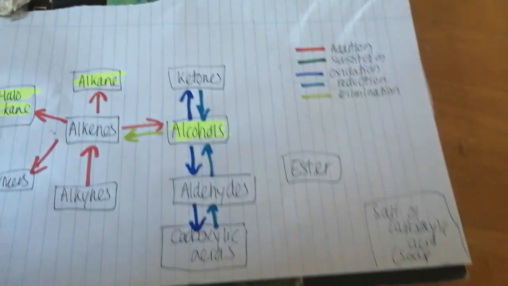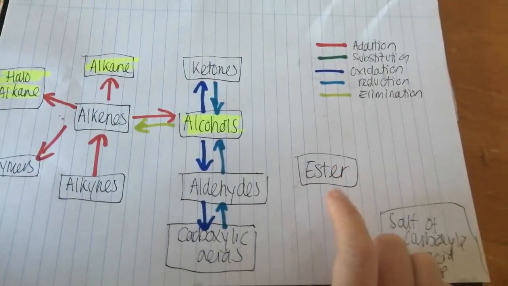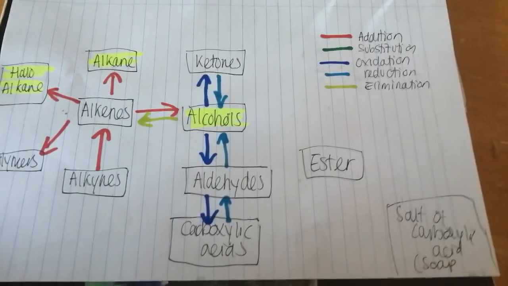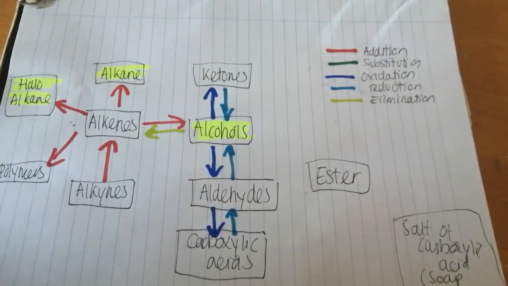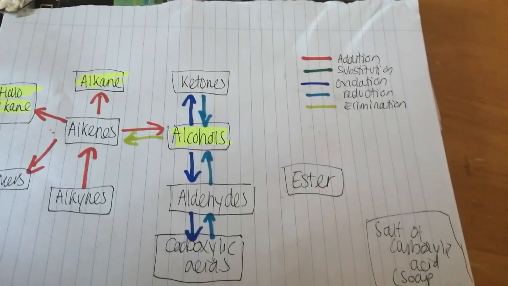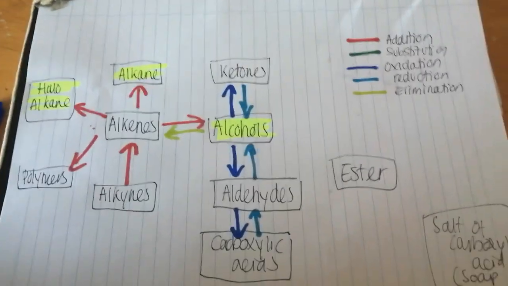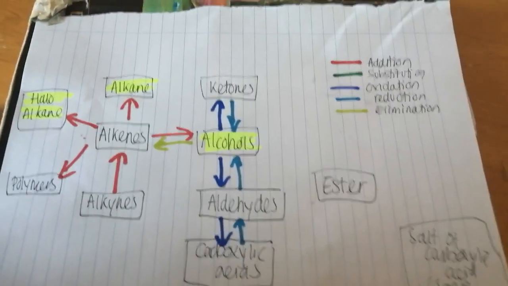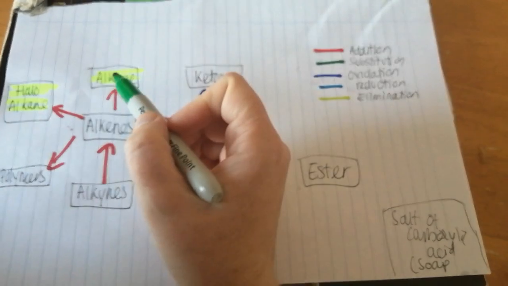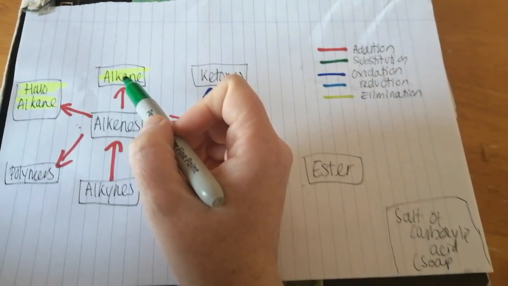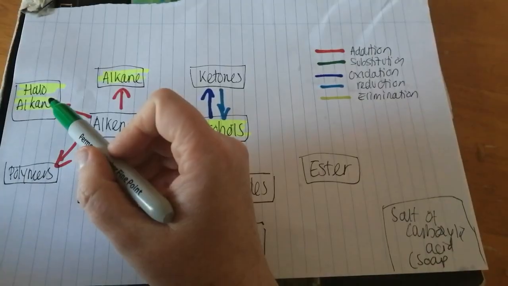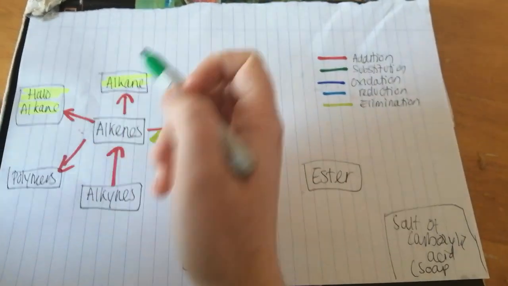Now, last thing we're going to do is our substitution reactions. So substitution, you are pulling something off and sticking something else on. An example of a substitution reaction would be alkanes pulling off the hydrogen and sticking on your group 7s. So alkanes becoming haloalkanes.